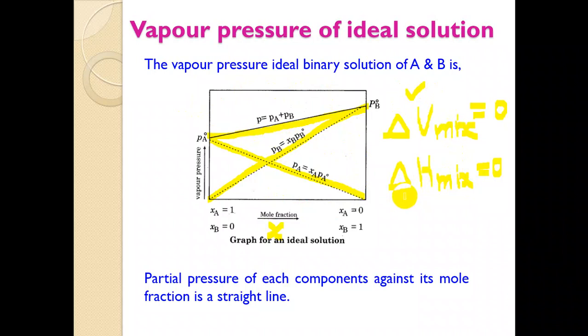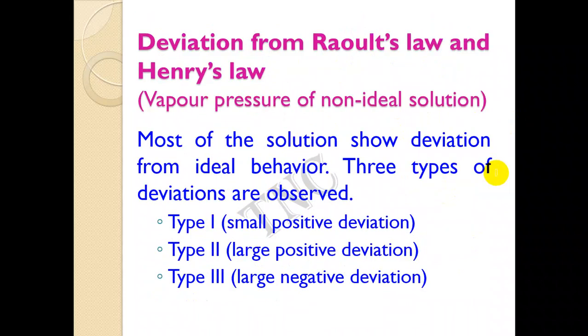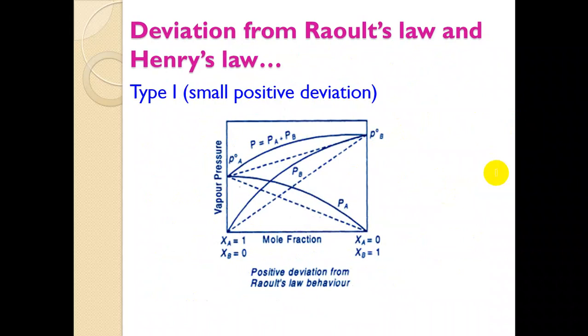For a non-ideal solution, delta V mix is not equal to 0, and delta H mix will not be equal to 0. Then they show deviation. The non-ideal solution will show deviation. What kind of deviation? Look at this graph.